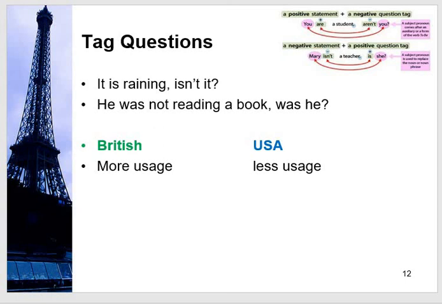If one part is positive, the tag question would be negative. He was not reading a book, was he? If the sentence is negative, the tag question would be positive. So British speakers use more tag questions, while Americans use fewer tag questions.